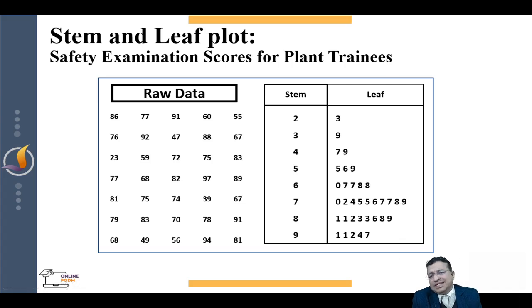Now we have stem and leaf plot. For example, we have some data related to safety examination scores for plant training. Now this is also a kind of frequency distribution, but have you observed one thing here?